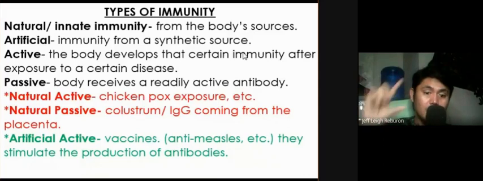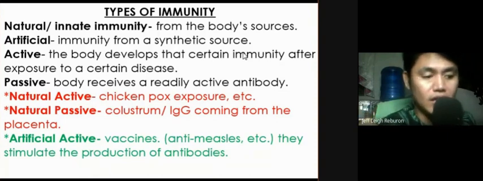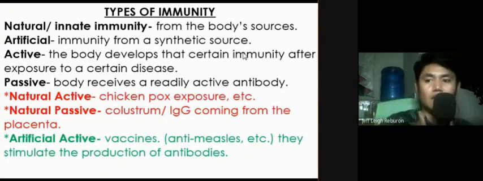Okay, example ko measles vaccine. So what happens? Ininject sa akin yung antigen, and then my body reacted to it.